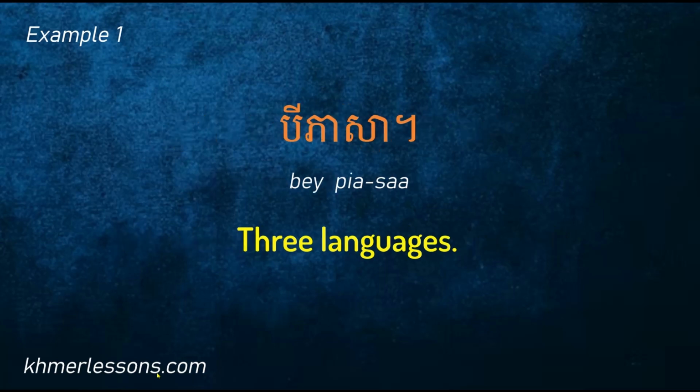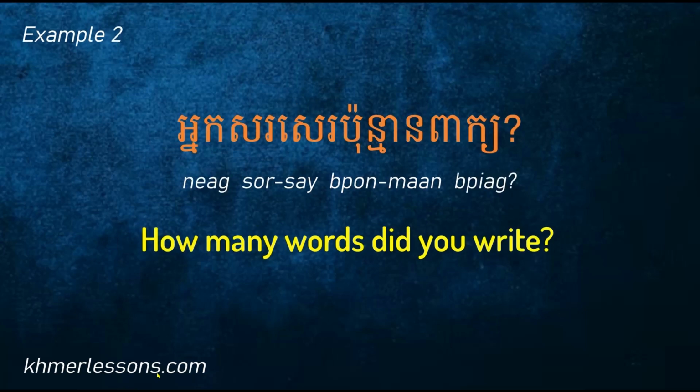And your answer is 3 languages. 3ភាសា. So 3 comes before language. Example 2: how many words did you write? អ្នកសរសេរប៉ុន្មានពាក្យ. សរសេរ is the word write and ពាក្យ is the word or vocabulary, and then ប៉ុន្មាន before word.